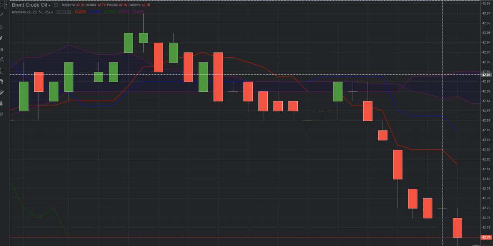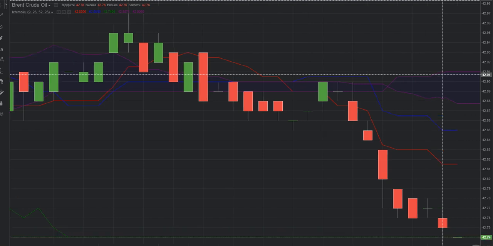If the market price is above the conversion line, this indicates short-term upward momentum and you would want to look for buying signals. If the price is below the conversion line, this shows short-term downward momentum and you would want to search for selling signals.